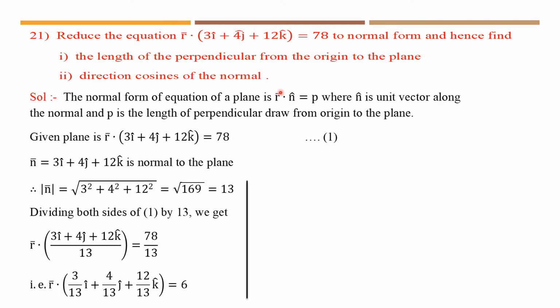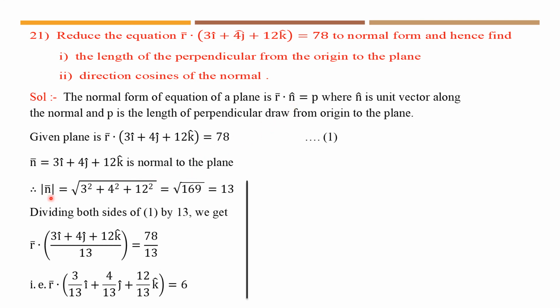The normal form of the plane is r vector dot n cap equal to p, where n cap is a unit vector along the normal and p is the length of the perpendicular drawn from the origin to the plane. The given equation of the plane is r vector dot 3i plus 4j plus 12k equal to 78, denoted by equation 1. Here the vector n equal to 3i plus 4j plus 12k is normal to the plane. We find the unit vector n cap.